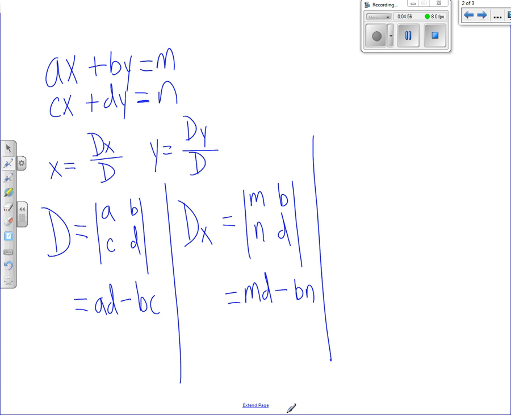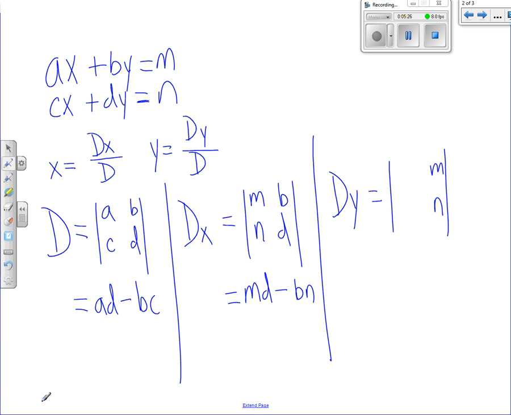For the determinant of y, this is where things really get funky. So the M and N that we put in our determinant of x actually gets shifted over to the second column now. Similarly to the determinant of x, where we ignored the things related to x, the A and the C, the coefficients on x, we do the same thing with y.